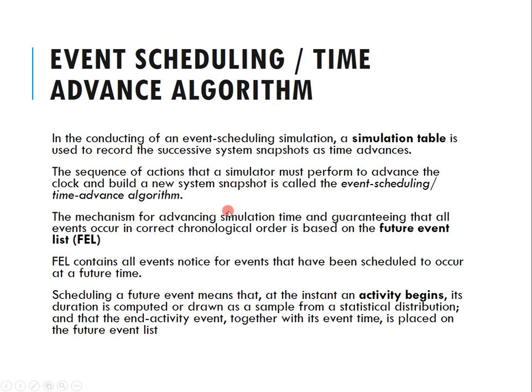Basically, this mechanism for advancing the simulation time and guaranteeing that all events occur in correct chronological order is based on the future event list. I will show you how the future event list looks like, which contains the event notices for events that have been scheduled to occur at a future time.